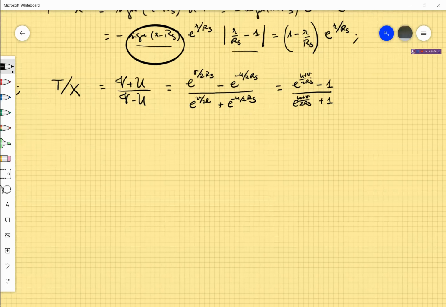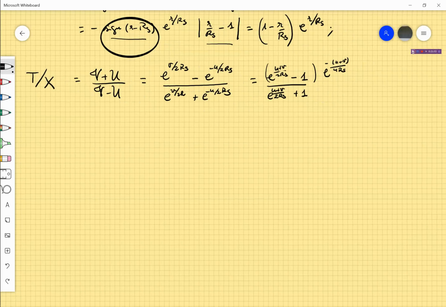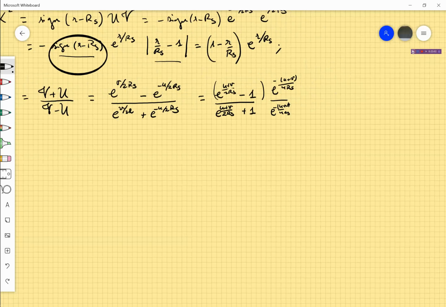Now you could multiply both sides by e to the minus u plus v divided by 4rs, and then you would get the hyperbolic sine of u plus v divided by 4rs over the hyperbolic cosine, up to a factor of 2, so you would have to divide this by 2.